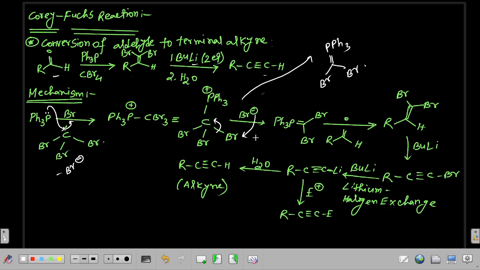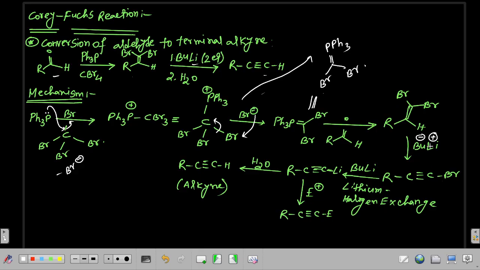Now in presence of aldehyde, it will undergo the Wittig type of reaction, so it will form this dibromo intermediate. Next, this dibromo intermediate will react with n-butyl lithium to give this bromo terminal alkyne.